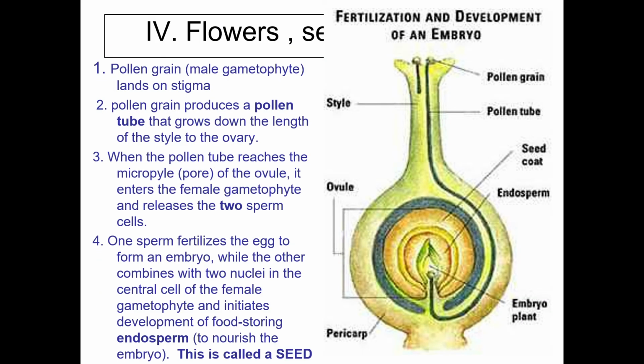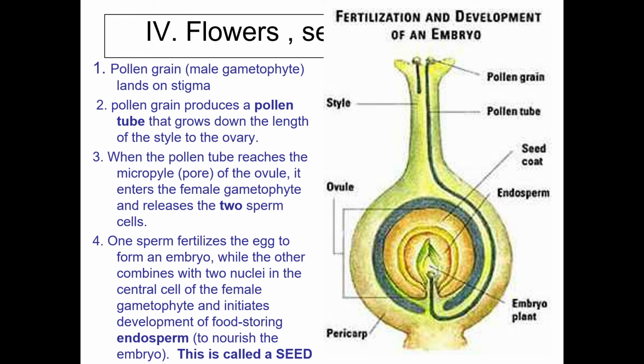So we'll continue on. Now, as far as fertilization and development, the way this works is a pollen grain, which is the male gametophyte, lands on the stigma. The pollen grain produces a pollen tube that grows down the length of the style to the ovary.